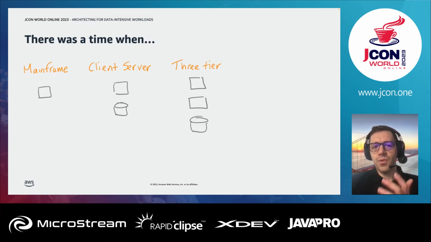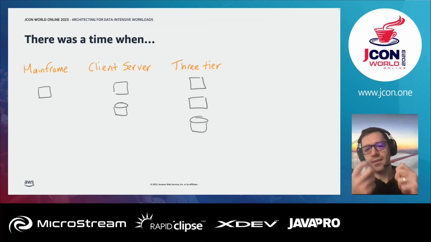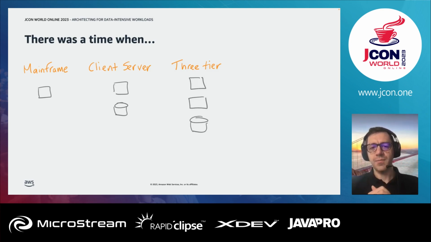Then we said, no problem, we're going to have a three-tier application. We take out the presentation part, we abstract it away. We have the business logic in our backend, and we have our database that has everything behind the scenes. And this really works even today for most applications, right?